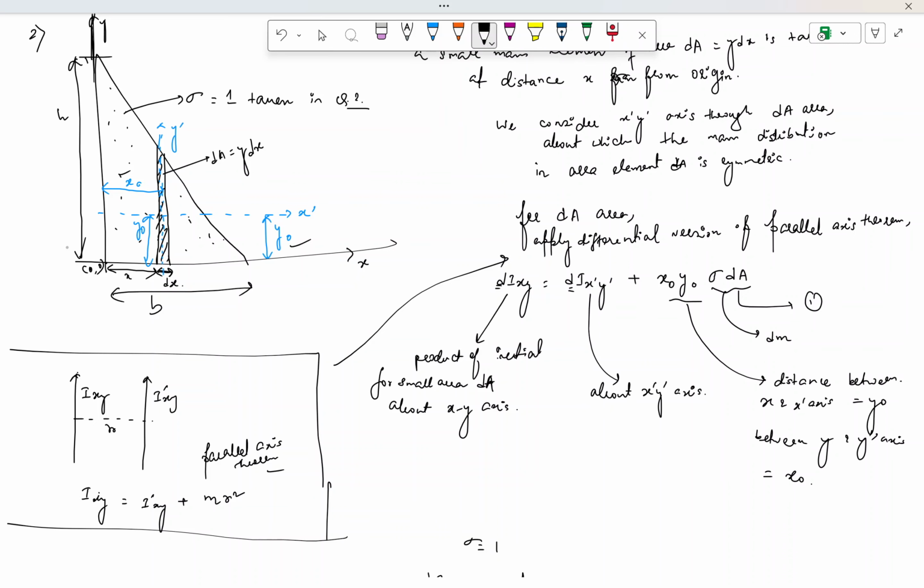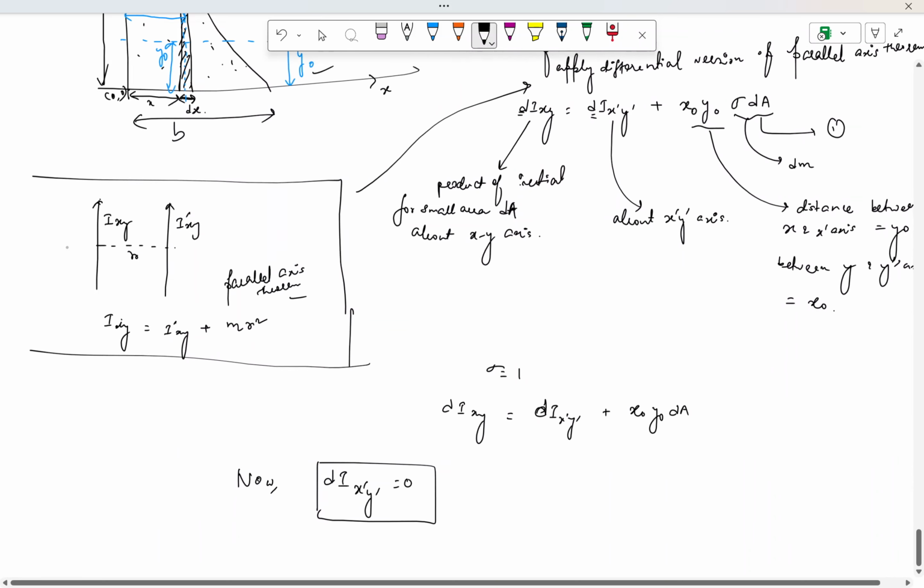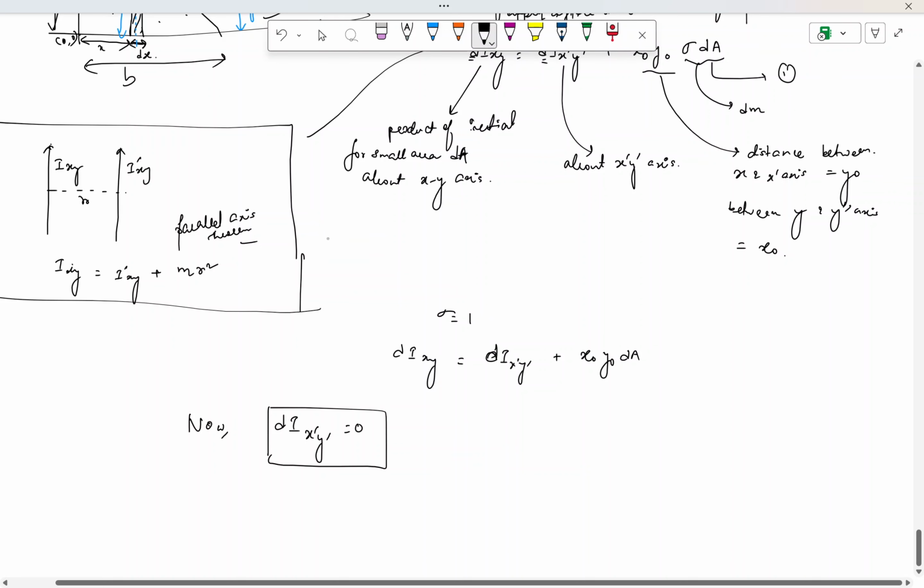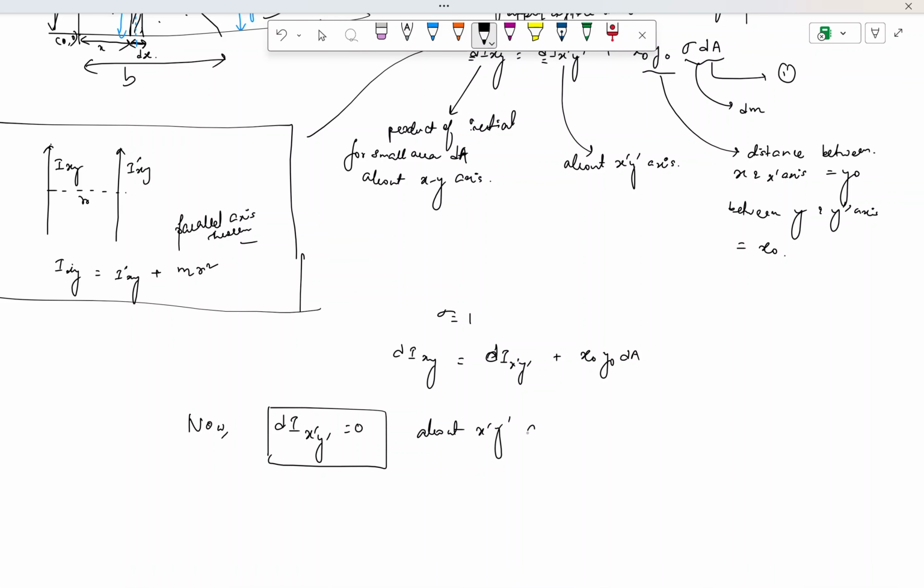And the advantage of choosing this new axis is what I have written below: about the x prime y prime axis, the area element is symmetrically distributed, and you already know that for symmetric distribution the product of inertia will be 0.